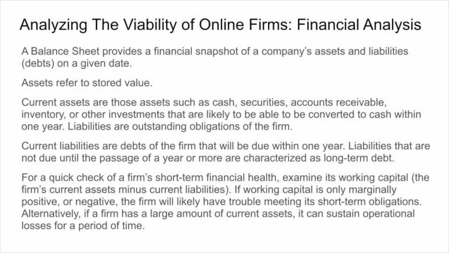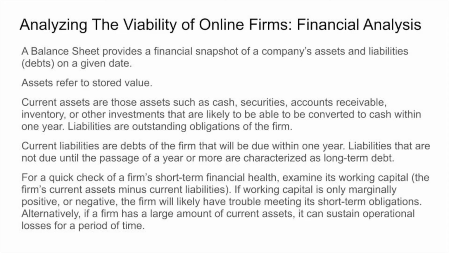We also need to look at the balance sheet with regards to financial analysis. And what we're looking at there is, are we using the assets of the business well? So assets refer to stored value. And our current assets are the stored value that can be converted into cash within one operating cycle of the business. So stuff that's pretty liquid. And obviously, if we look at current assets and we compare them with our current liabilities, which are bills that come due within the operating period, we can get a sense, when we compare the two, of the business's ability to pay its bills, right?